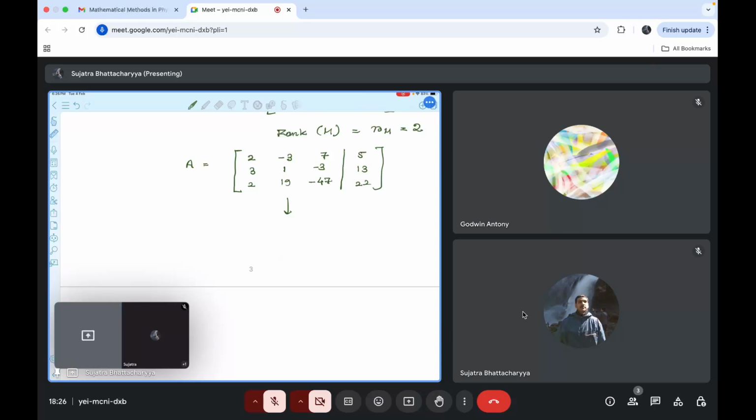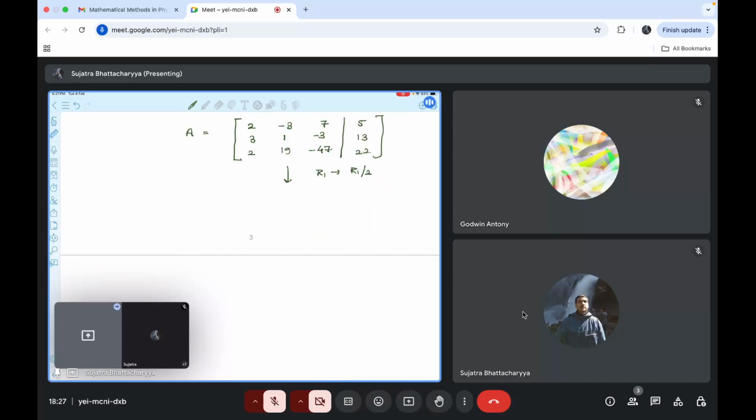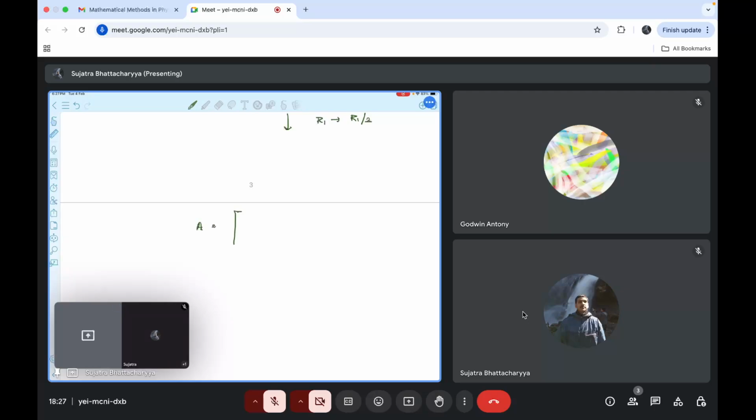Okay. So again, I will start with the same thing, R1 as R1 by 2. You will see that most of the steps which I will be doing are exactly the same as what I have done here in row reducing the matrix. So it is exactly similar. Alright, so the next step is this. So here it will be 1, this will be 3, this will be 2, this is minus 3 by 2, this is 1, this is 19.